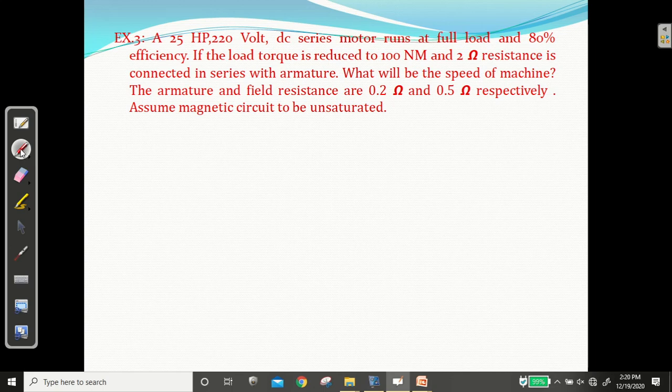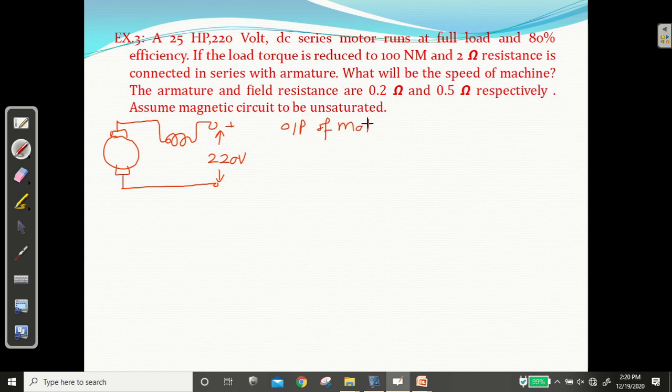So I am going to draw the DC series motor first. 25 HP is the mechanical output of the motor.